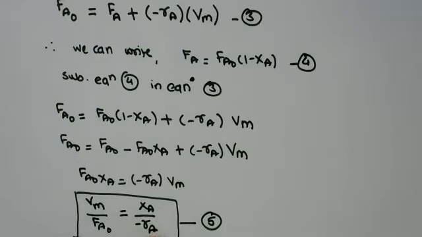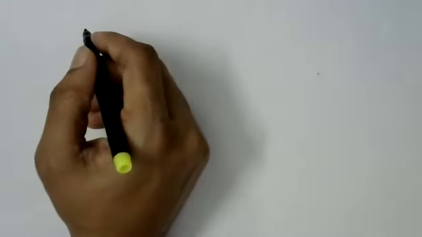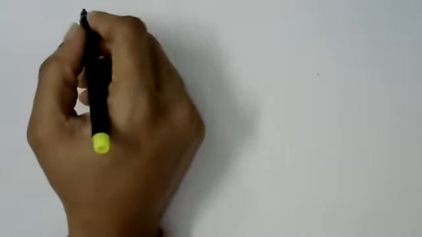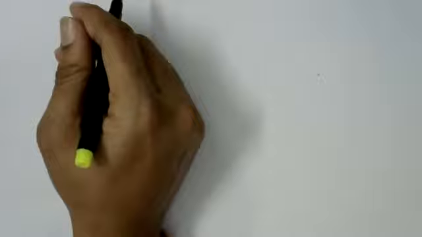However, by using different concepts, it is possible to represent this equation in various forms. So we'll see that also. Equation 5 we have derived as Vm upon FA0 is equal to XA upon minus RA. Now we'll try to rewrite equation 5 in other variables.